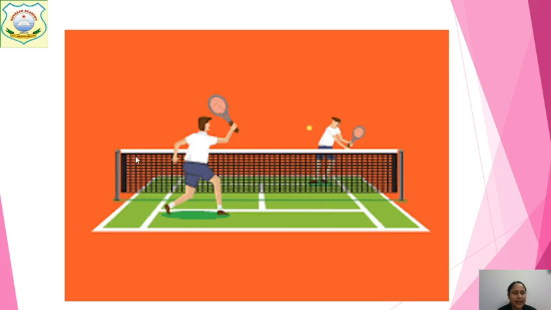Then there is a net in between separating two players. On either side of the net, you can see one player from this side and the other player on the other hand side. Then they are having racket in their hand and a ball is also there. So this game is known as lawn tennis.